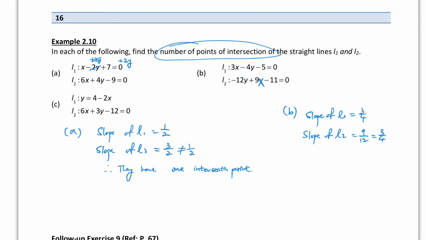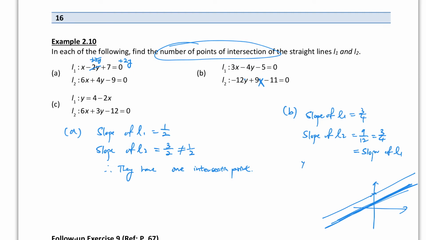They are equal. In this case, how many intersection points do L1 and L2 have? It depends on whether they pass through the same y-intercept. If the y-intercepts are equal, that means infinitely many points of intersection. If the y-intercepts are not equal, that means they do not have any intersection point.